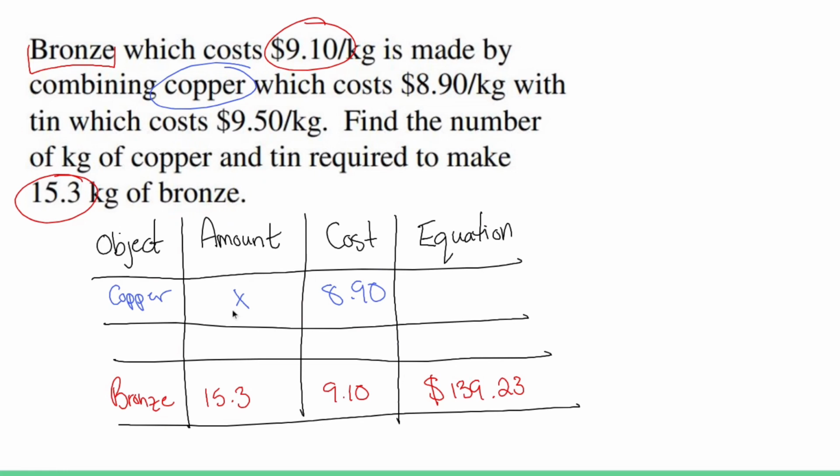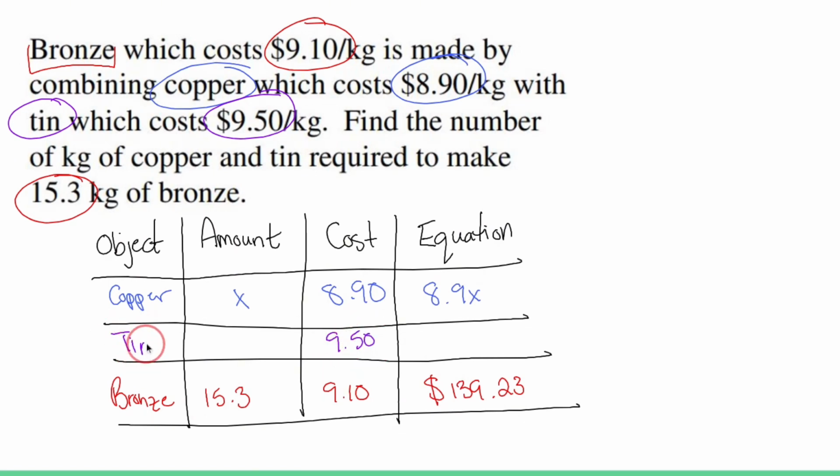No. So I'll call it x. The equation there is going to be 8.9x, because I can just turn 8.90 into 8.9 and multiply x to it. So that's our copper option. Copper, the name of the dog from The Fox and the Hound. Cute movie. Tin costs $9.50.